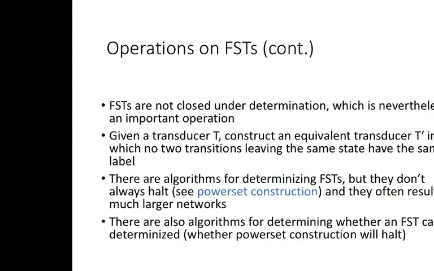So here's another thing. On the homework, inevitably we get a lot of questions that have to do with non-determinism. Finite state transducers can be non-deterministic. That means a finite state transducer can define a many-to-many mapping between strings.